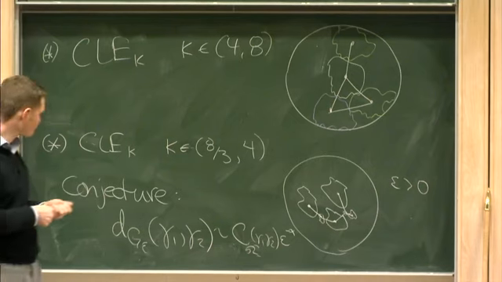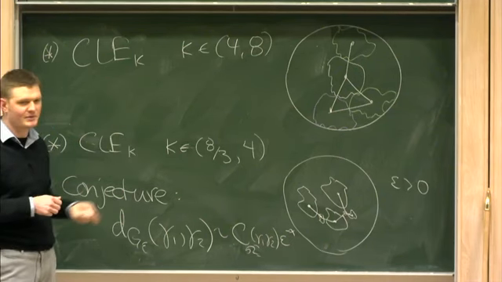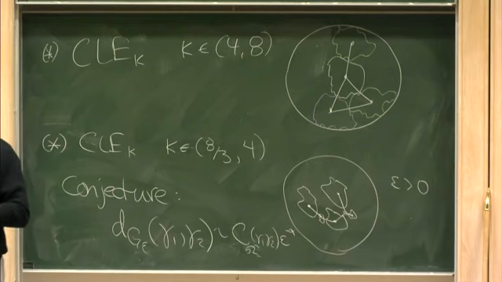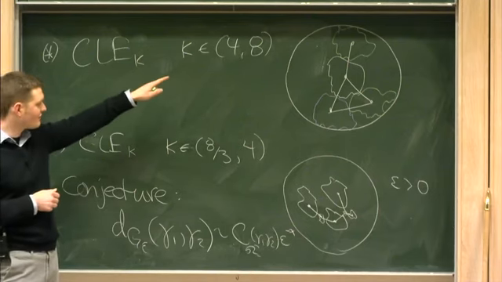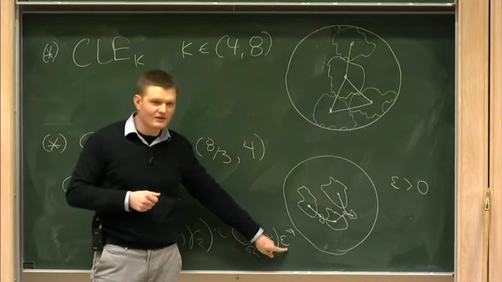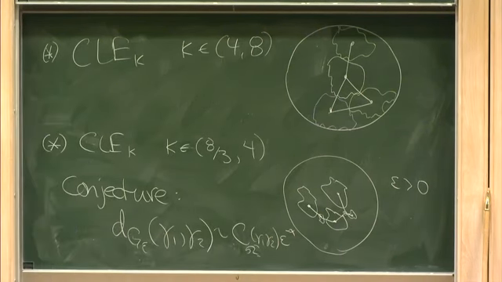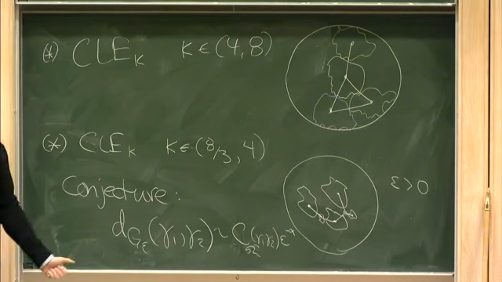And so then the remaining regime, of course, is kappa equals 4. And what happens there is, I guess, a bit different from both of these pictures. It's different from this one because the loops don't touch. But it's different from this one because instead of an epsilon here, you get a log factor, log 1 over epsilon. And again, this is just conjecture.